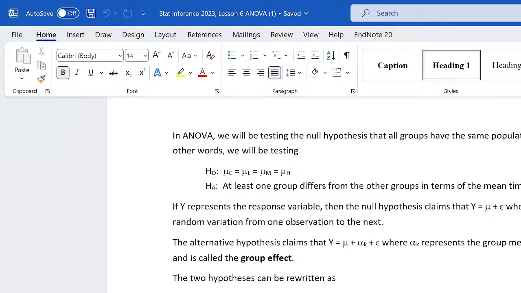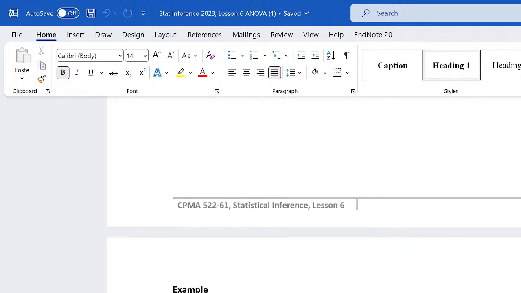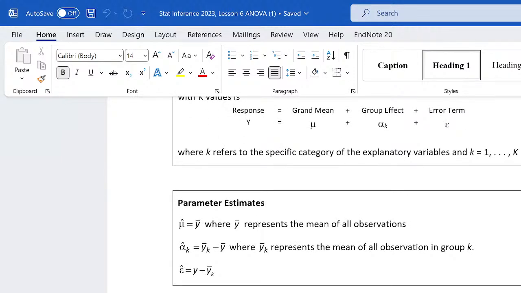But what I would like to convince you of is that mu hat is the sum of these three. I'll do it for the control group.